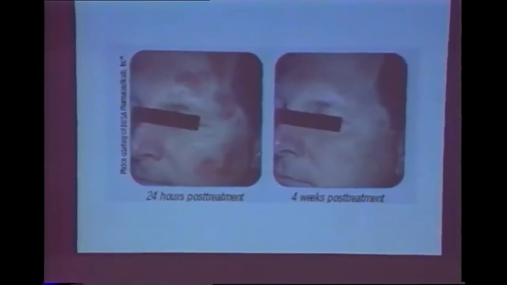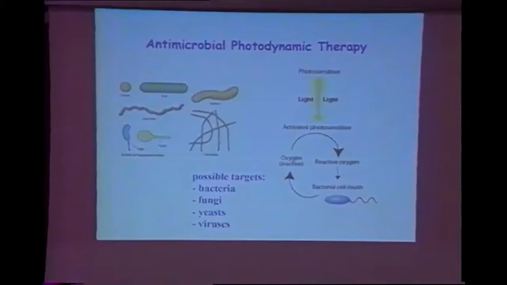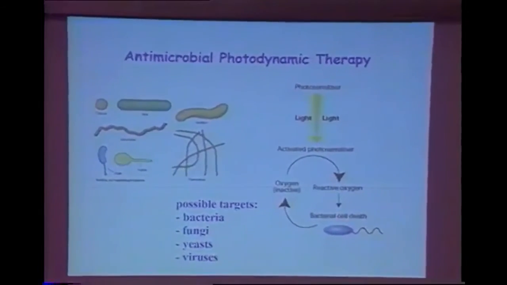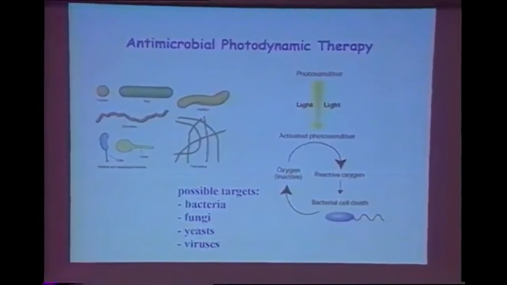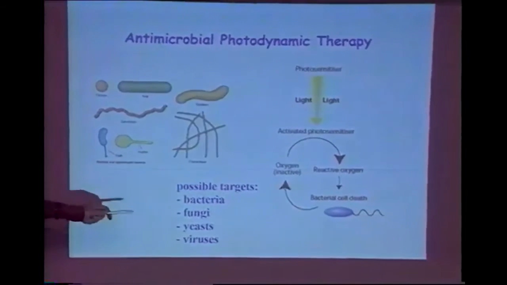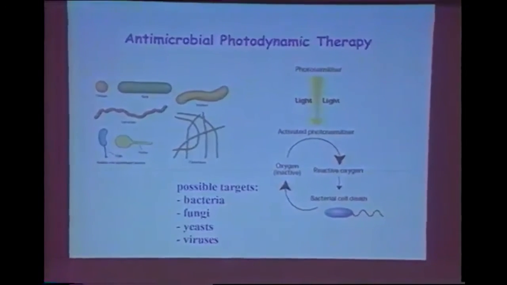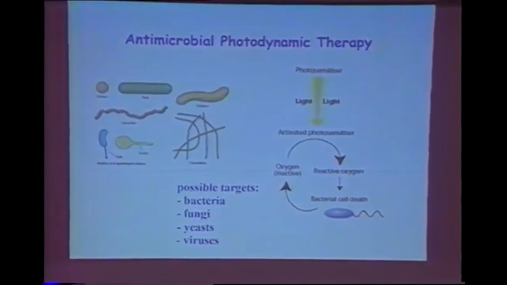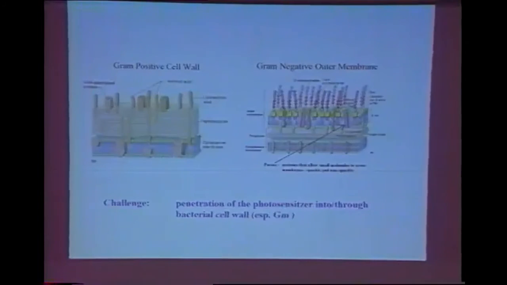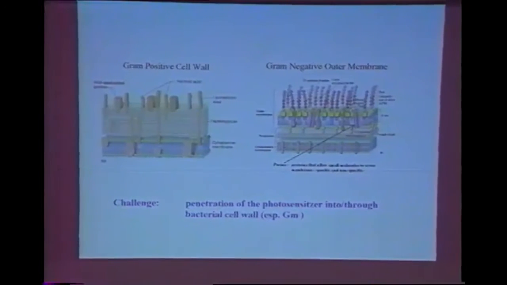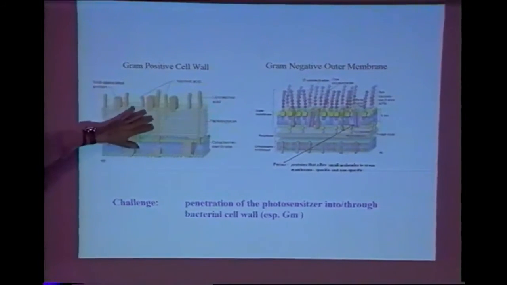And that's a result. Antimicrobial. Lots of interest in PDT as an anti-microorganism. Various possibilities: bacteria, fungi, yeast, viruses. Big challenge with respect to this is that, unlike the mammalian cell, mammalian cell wall is pretty simple.